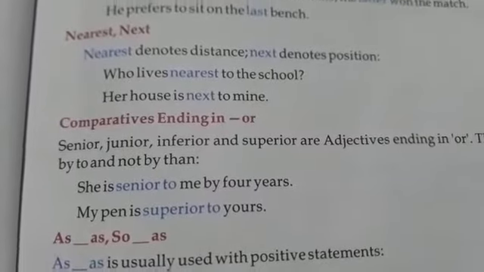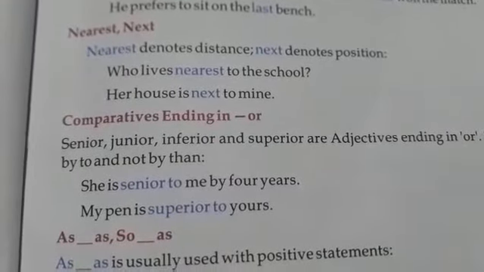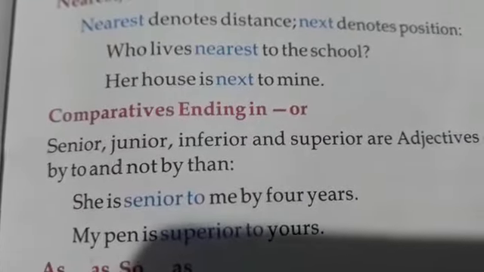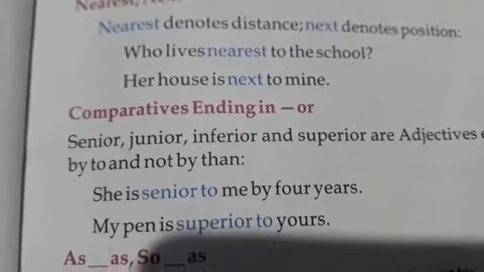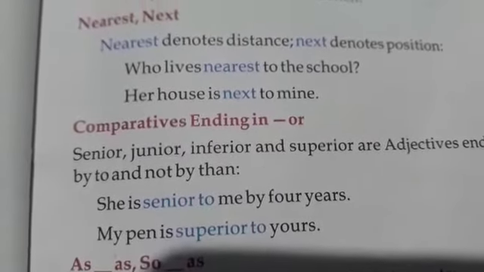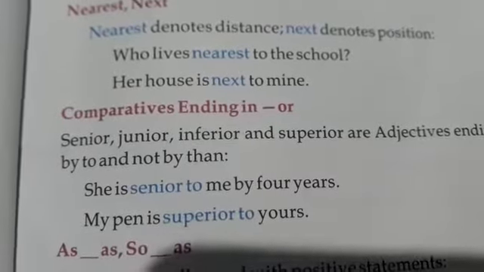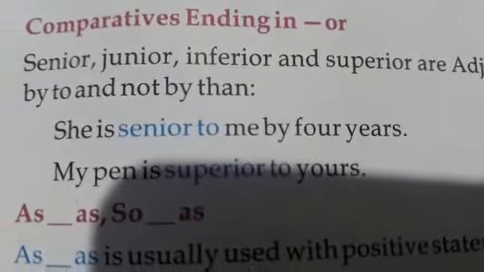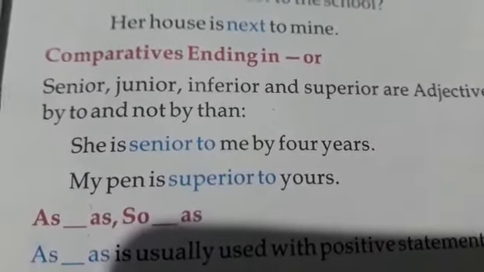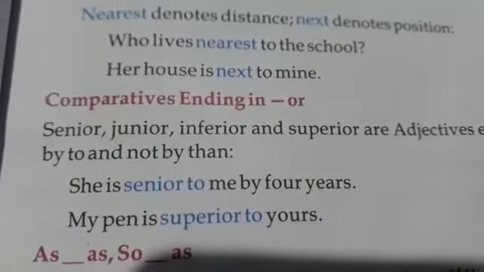While using these comparative adjectives, we need to use to after them instead of than. Generally, we use than to show comparison in the comparative degrees, but with these words ending with OR, we are supposed to use to in place of than. She is senior to me by 4 years. My pen is superior to yours.